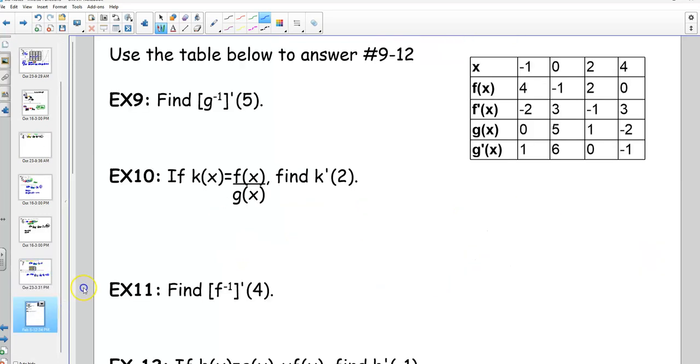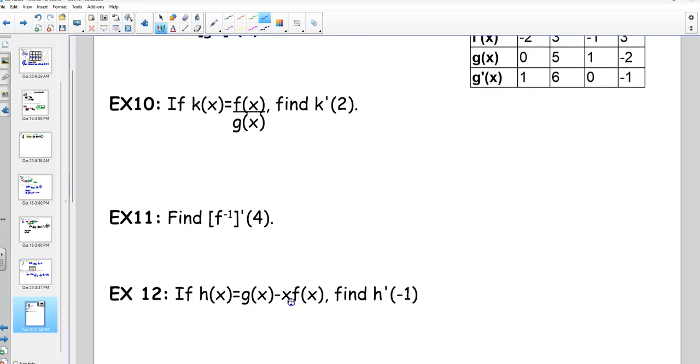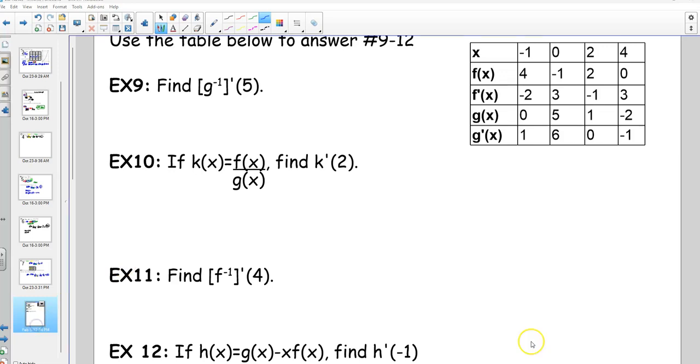I think we're pretty good here. I did throw a couple review things in here, like 10 and 12, but I think I'm going to hold off on those for right now.